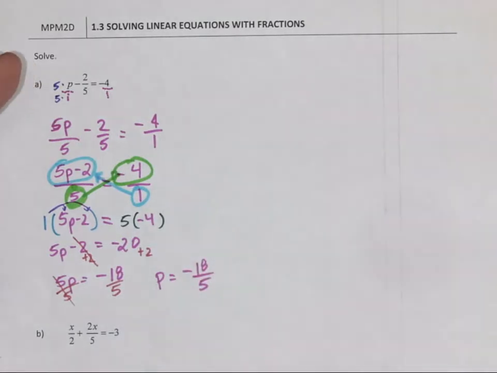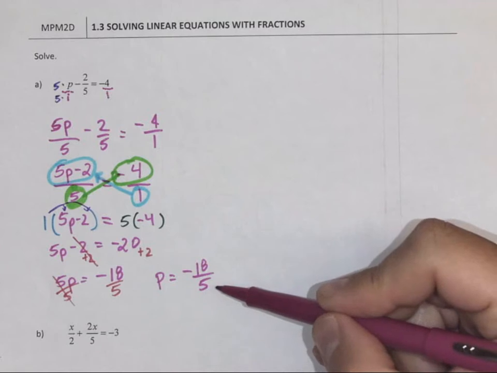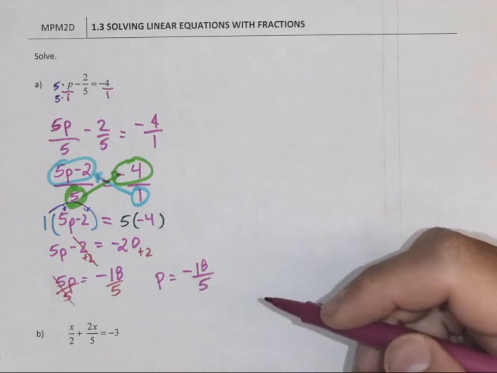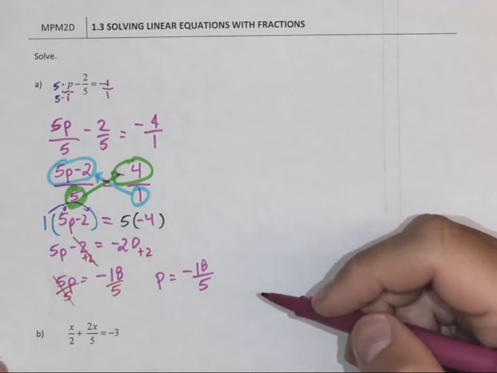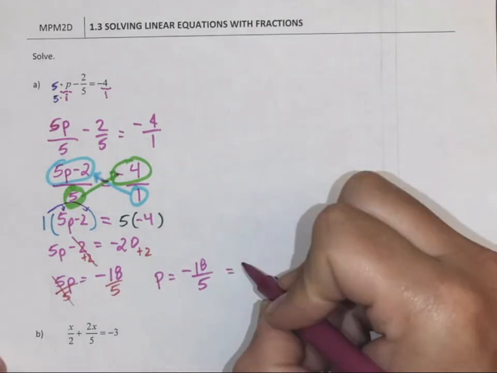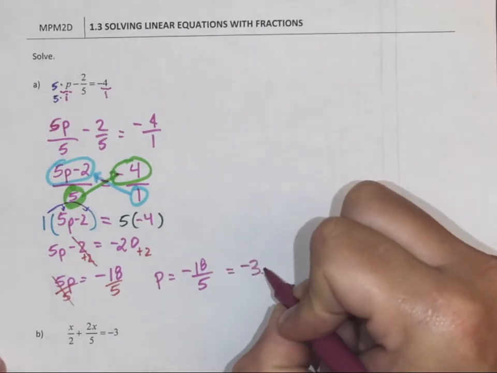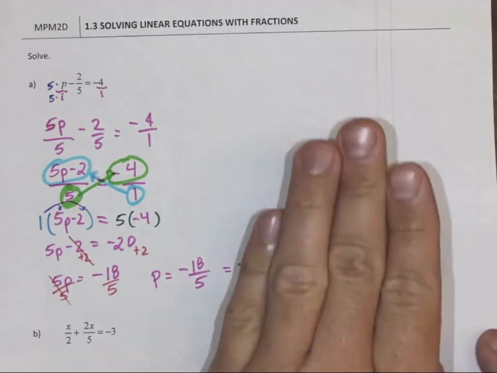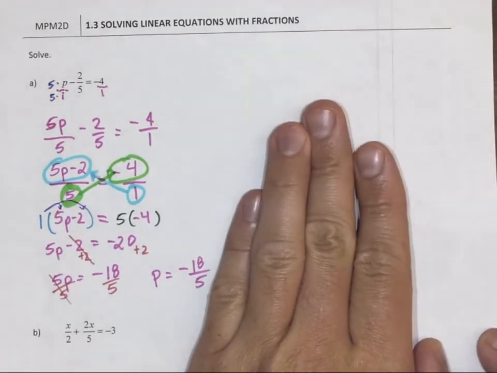So the question had a fraction, our solution is a fraction. That is okay. If we were to put that in a calculator, divided by 5 is going to give us a nice decimal that doesn't go on forever. So that is the same thing as -3.6. Not wrong to put it as a decimal, but don't be afraid of fractions.